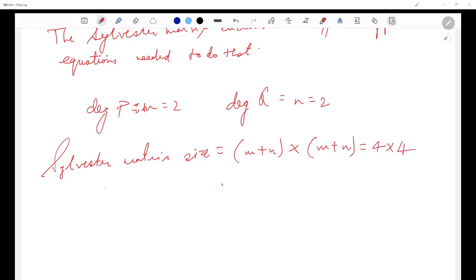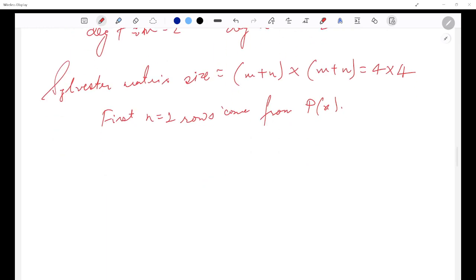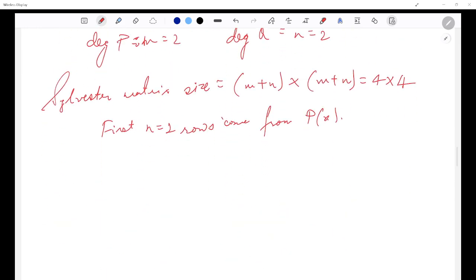The first n equal to 2 rows come from P(x), and the next m equal to 2 rows come from Q(x). So this already fixes the number of rows.